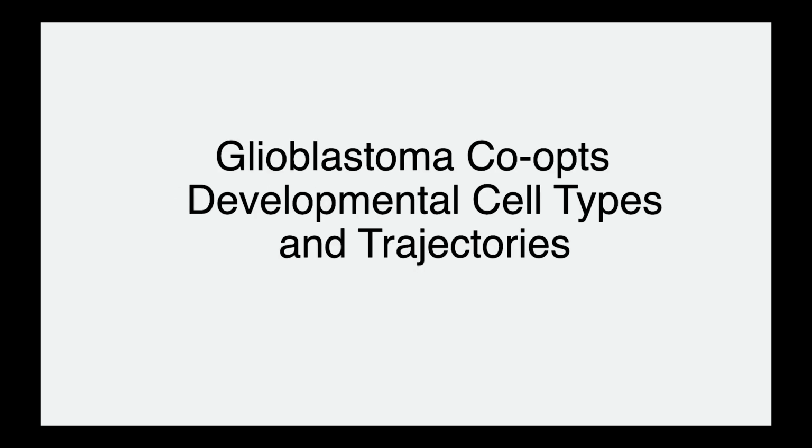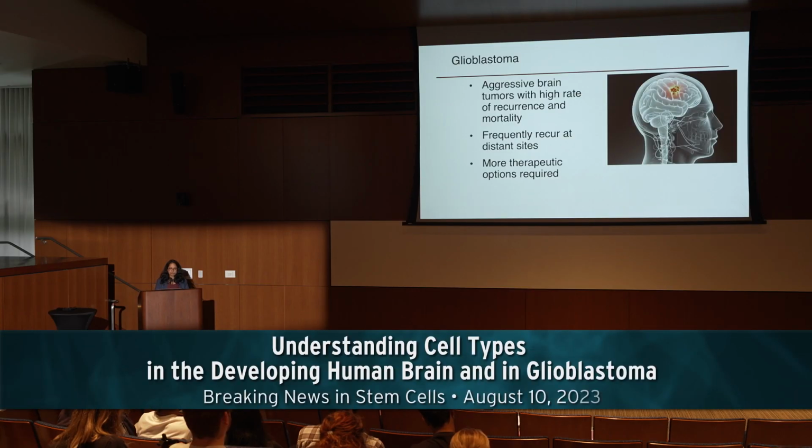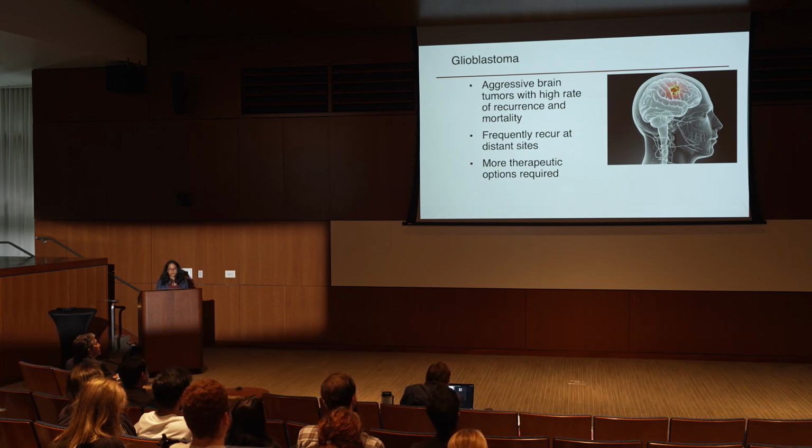In the last section of my talk, I'd like to talk about some of the work that I have done and some of the directions that we are taking now to think about the ways that glioblastomas are reactivating some of the developmental cell types and trajectories. For anyone who is not familiar, glioblastoma is one of the most aggressive and most common forms of adult brain cancer.